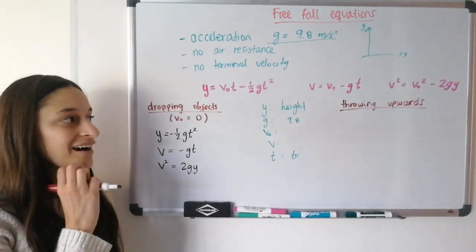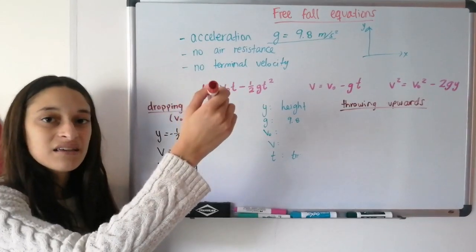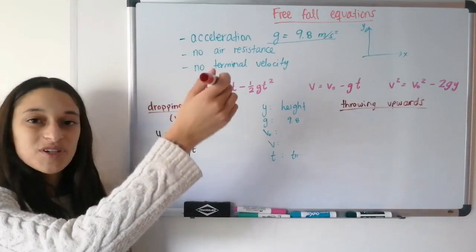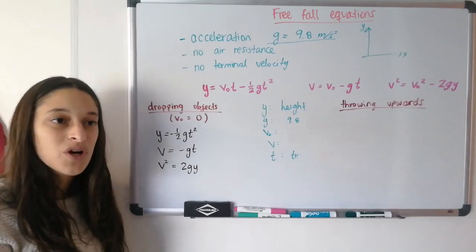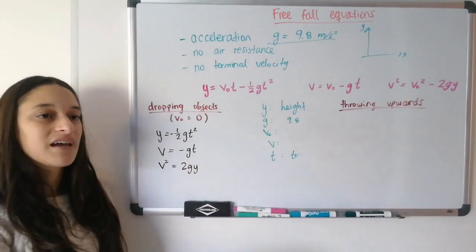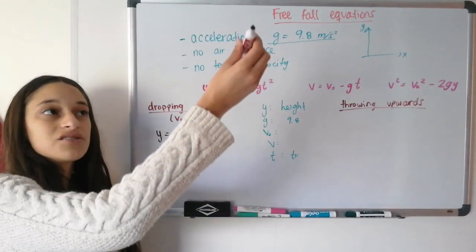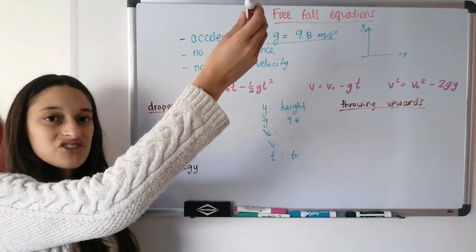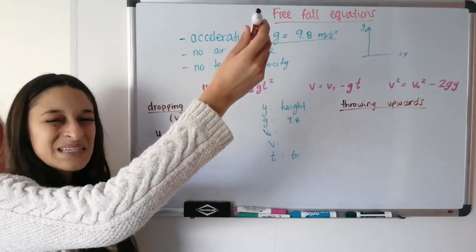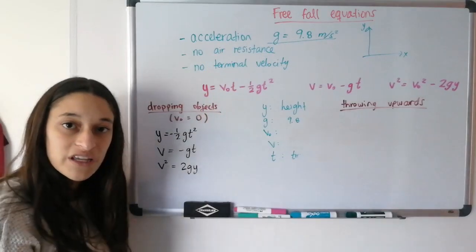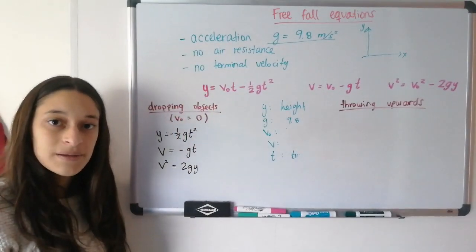So what we're going to have is that at the maximum height, the object will have a speed of 0 because it will go up with a speed that I gave it, decelerate until it gets to the top, and when it gets to the top, it stops for a millisecond, and then it starts falling in the other direction, downwards.